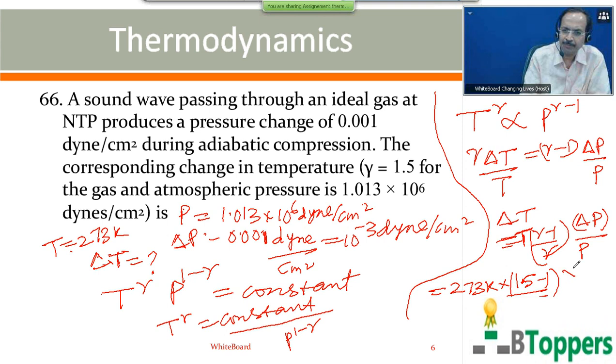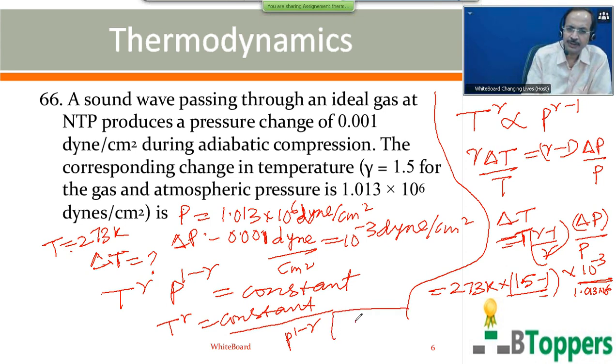Delta P is 10 power minus 3. We are expressing both P and delta P in the same units, so the ratio delta P by P will have no units. 10 power minus 3 by 1.013 into 10 power 6.